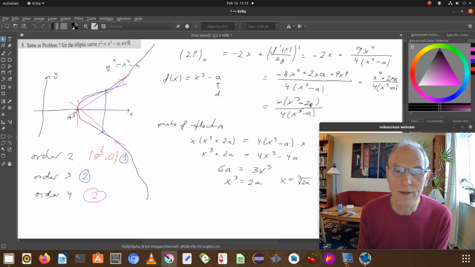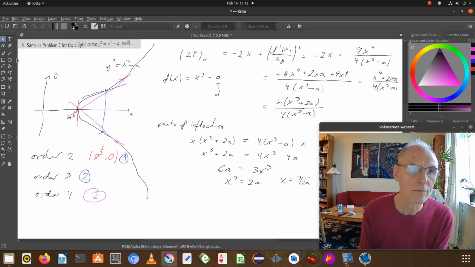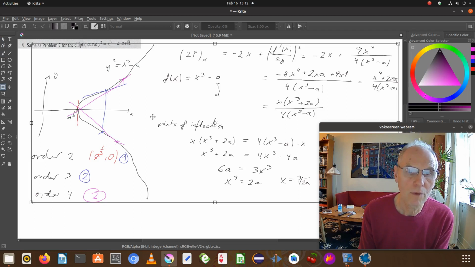So that's where this gives x, a, the cubic root of a. I can only move the whole thing.